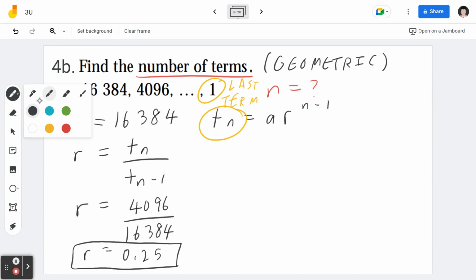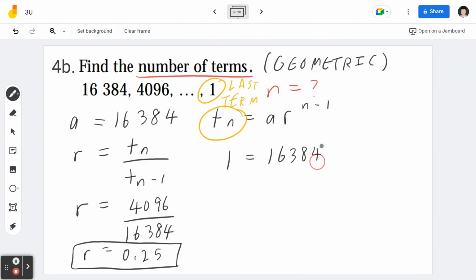So again, you go back and you can write down 1, which equals, if you take the first number, 16,384, you multiply this by 0.25 to the power of n minus 1. Now, you got to be very careful here, because this requires some skills. The first step, of course, is the opposite of multiplying by 16,384.